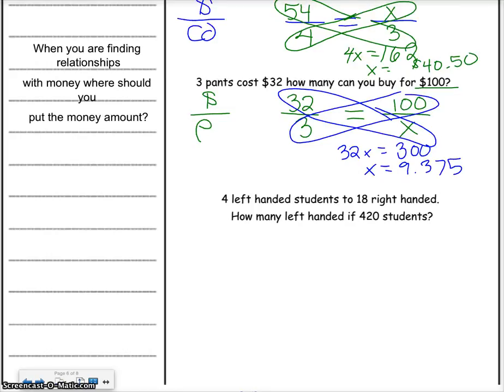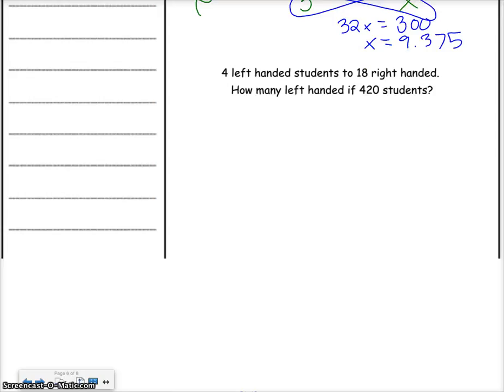This is the tricky one. This is the one that kids usually get wrong. I want you to set this up, and then I will go through the process. Okay, so here I have 4 left-handed students. There are 4 left-handed to 18 right-handed kids. I want to know how many left-handed if there's 420 students.